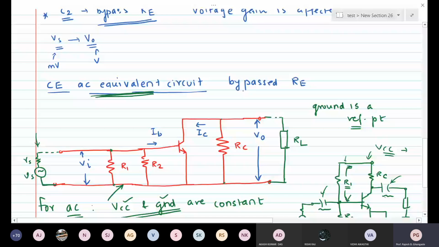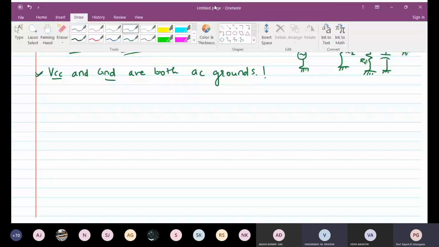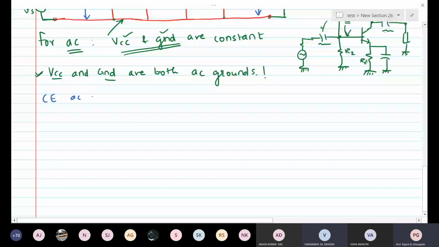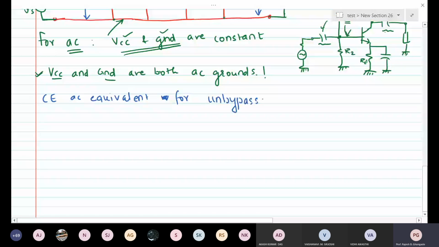Another variant will be there. What is that? Another variant? We had two bypass possibilities: bypassed and unbypassed RE. Yes, the CE AC equivalent circuit for unbypassed RE.